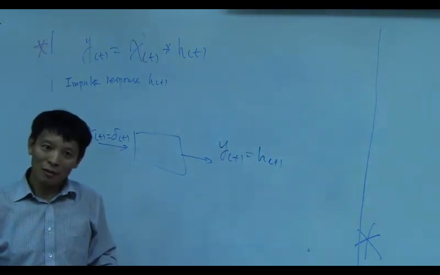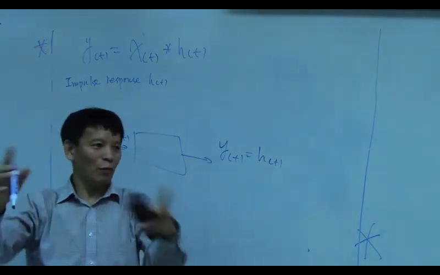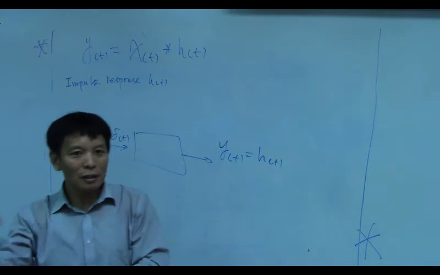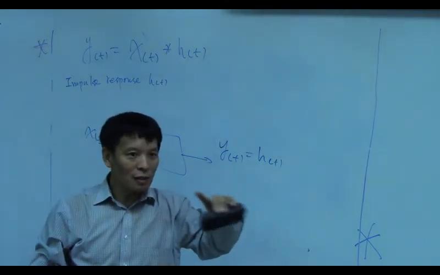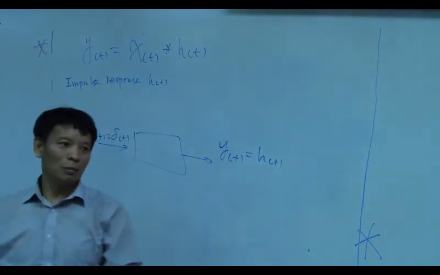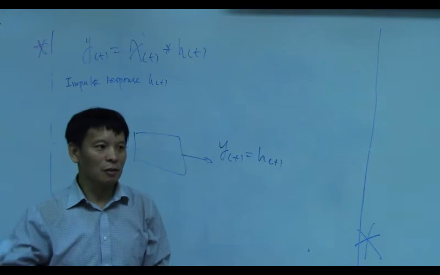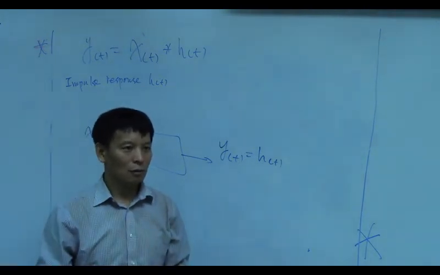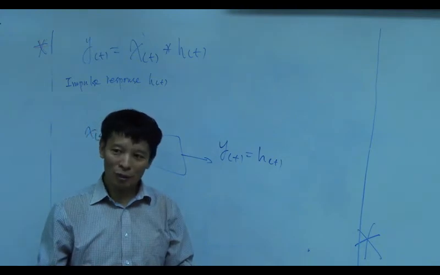You have a system, you have input, you are going to have output. What is the impulse response? If your input is the impulse, your output will be the impulse response. Impulse response means the response to the impulse. As easy as this. Is it good?